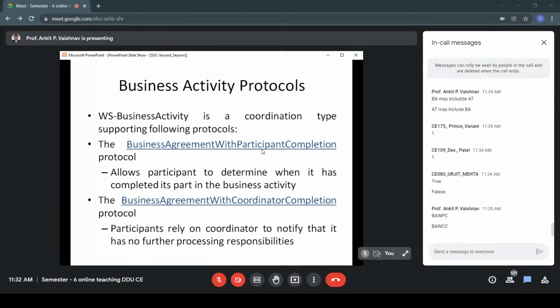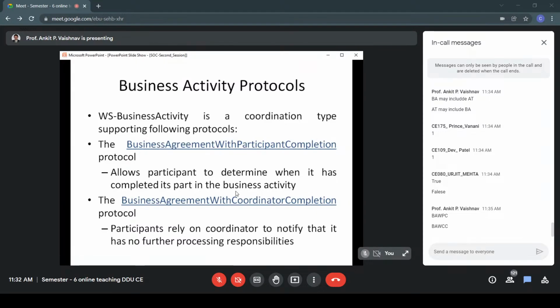Business agreement with participant completion allows the participant to determine when it has completed its part in the business activity. That means the participant itself can control when it will exit the system, right? Is this concept clear?